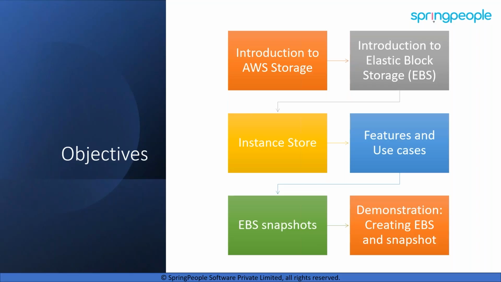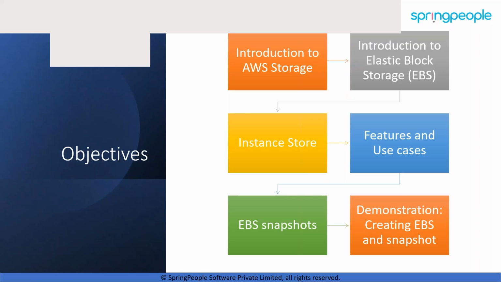We are going to see features and use cases related to this storage. And then I will talk about the snapshot, which is basically the backup, how to take a backup of your storage. And I will definitely demonstrate everything: how to create the volumes, how to attach the volume, how to take the snapshot, and so forth.